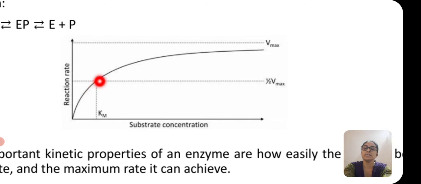Initially, the intake of the substrate by the enzyme is quite high, and it increases, but at this particular point, that is Vmax, if you keep on increasing the substrate concentration, the active sites are completely saturated, so there is no further scope for substrates to come and bind.